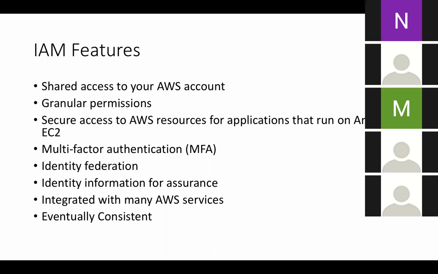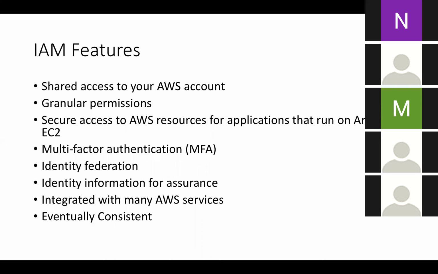Then you have granular permissions. What does it mean? A user can have access to some S3 bucket, and within that bucket, some files. So you can go as granular as you want with IAM. It will allow you to securely run applications on EC2.